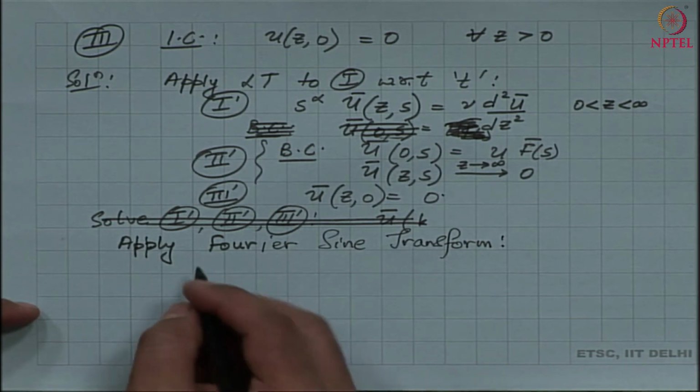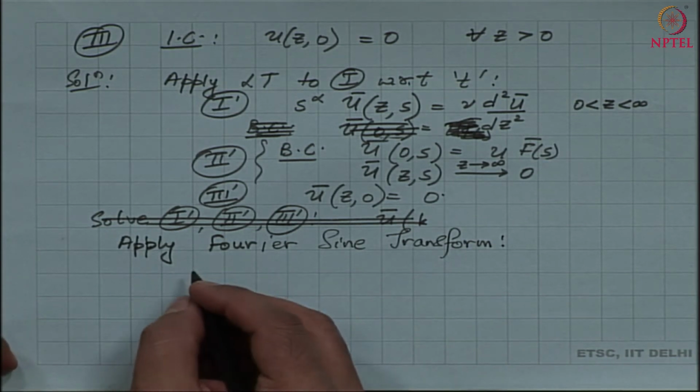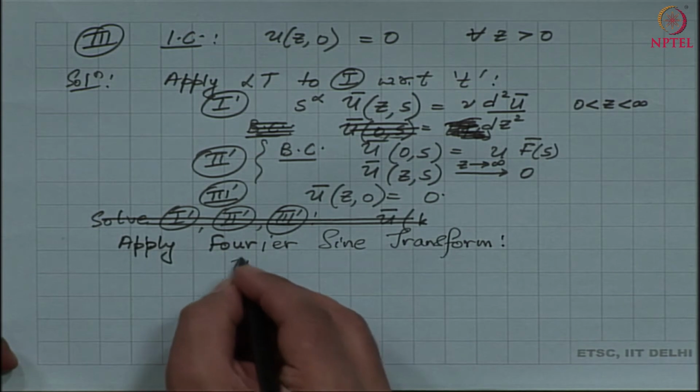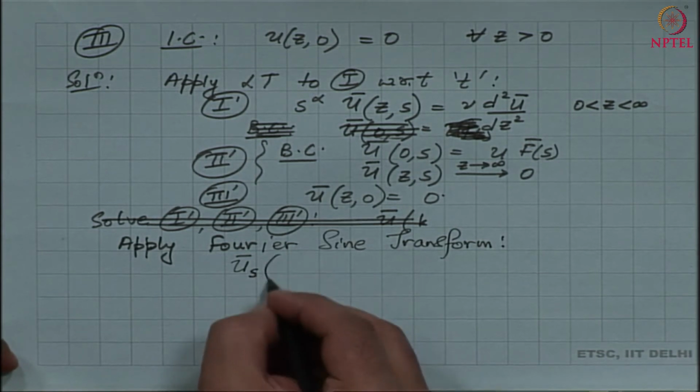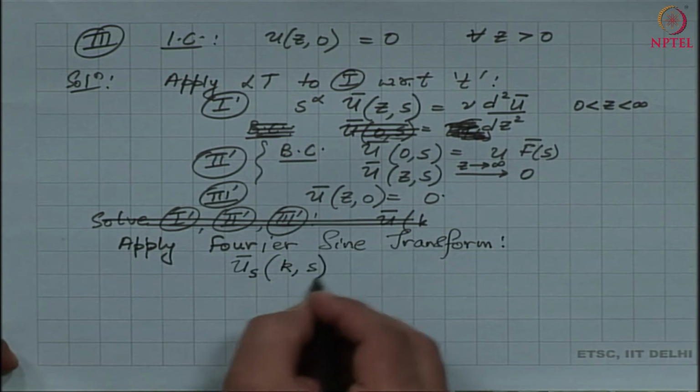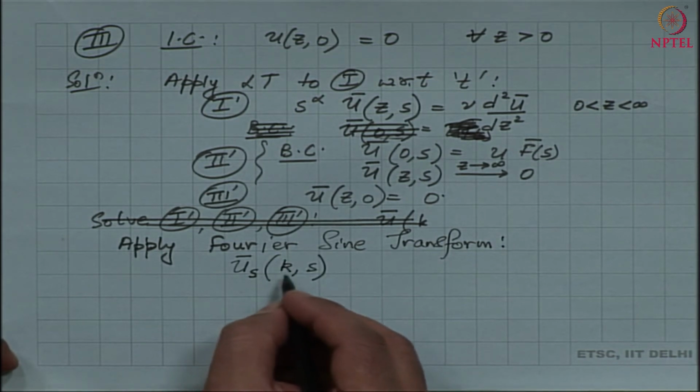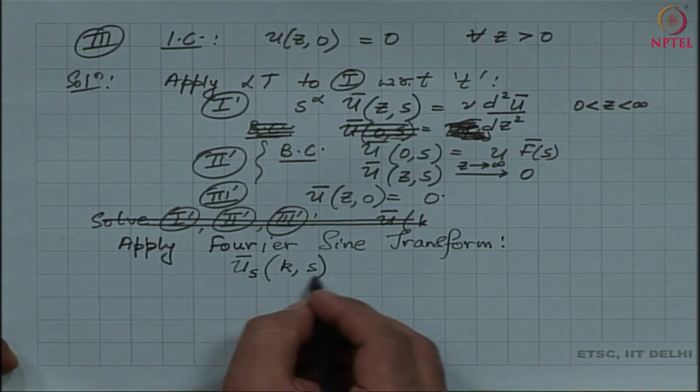So, what I have is the following. After applying the sine transform, let me denote it by u bar s, the sine transformed solution of the transform variable k comma s, where k is the transform variable with respect to space and s is the transform variable with respect to time.